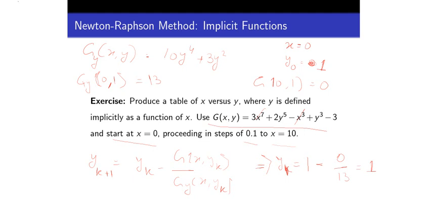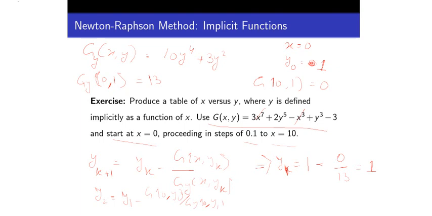Similarly y2. What will be y2? It is y1 minus g of 0 comma y1 divided by g_y of 0 comma y1. So at any stage you can generate this, and that sequence will converge to the root.